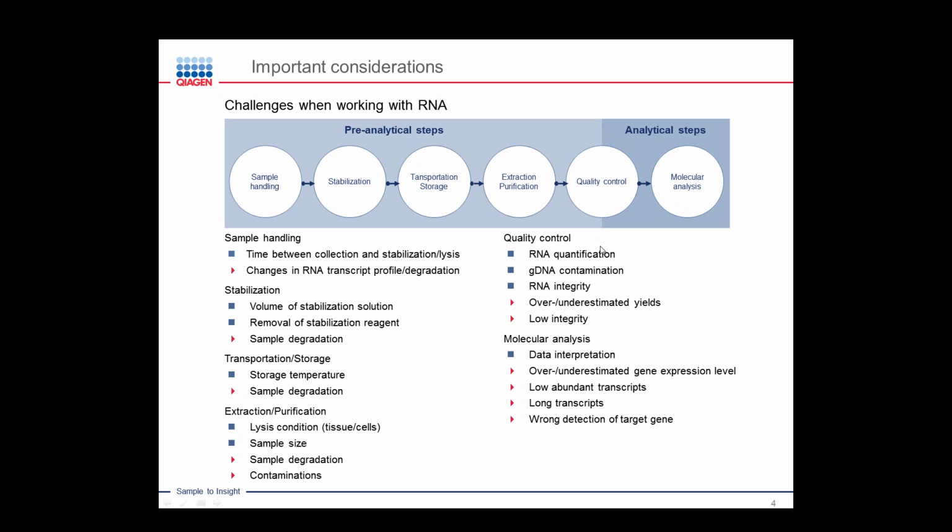The questions that arise are: how to quantify my RNA? How can I assess any contamination, either gDNA or other contaminants? And how can I check my RNA integrity? The problems that could arise: wrong quantification could lead to over- or underestimated yields, or if I don't assess the integrity, maybe I observe low integrity.